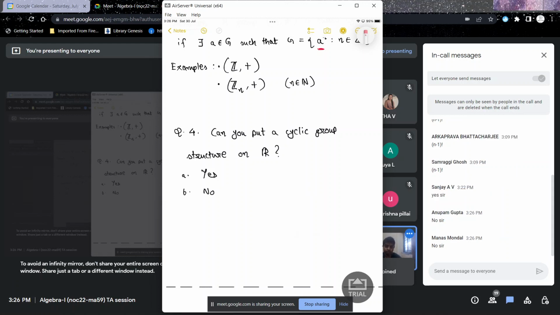No, right, okay, very good. So why do you think it is the case? Why can't you put a cyclic group structure on R?